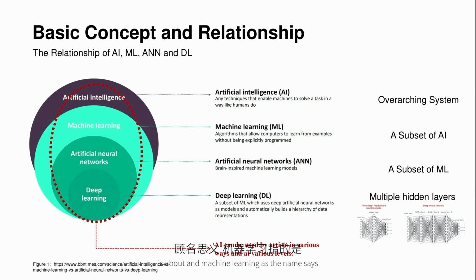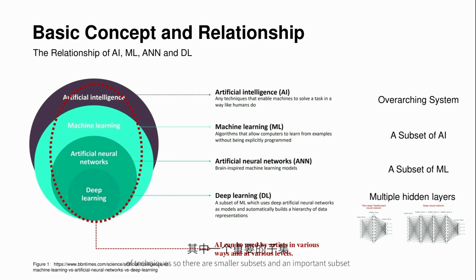And machine learning, as the name says, it is about methods provided to machines or software systems so that they can learn. And they can learn mainly from looking at lots and lots of examples, so-called data. In the world of machine learning, there are many types of techniques.